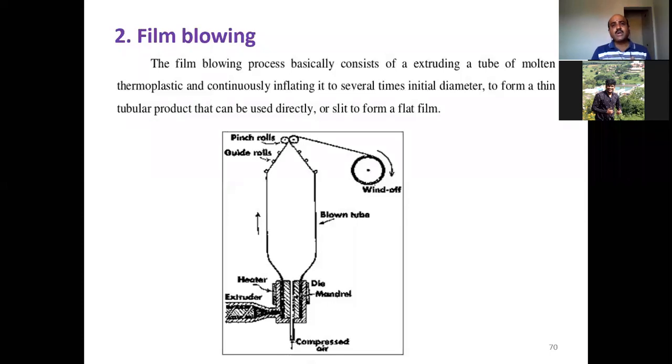When you look at the diagram we have shown in the slide here, the process looks similar to that of an extrusion process. But the only thing is the product is a thermoplastic tube. We are making a tube.